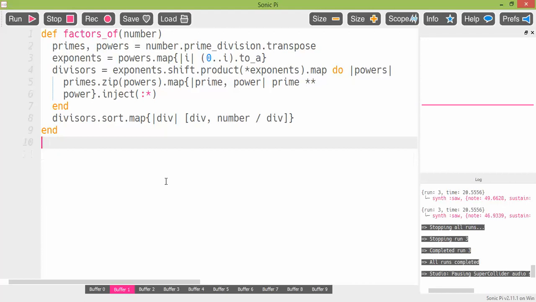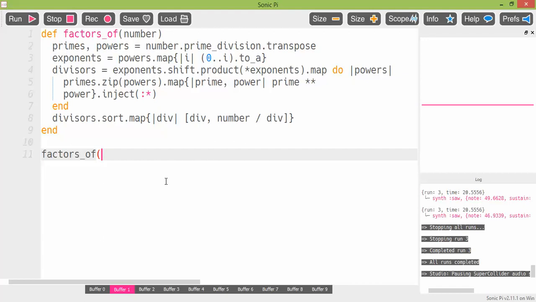Factors of, let's try 6. So what we have here is a function we wrote that returns the prime factors of a number. And I'm actually curious, I can't remember the exact format in which the answer comes back, so we're going to print that out and we'll see.